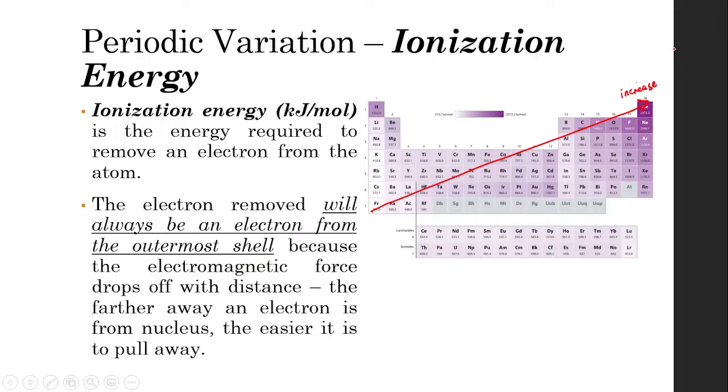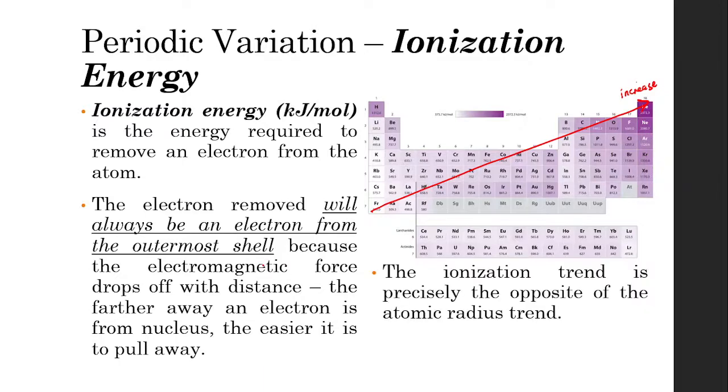So why is that? Well, the electron that is being removed from the atom is always going to be the electron on its outermost shell. So we're going back to the idea of the valence electron.